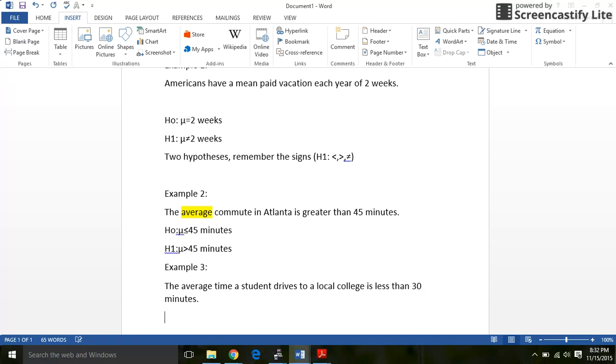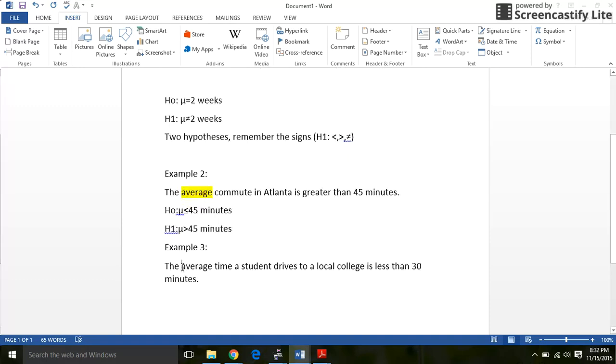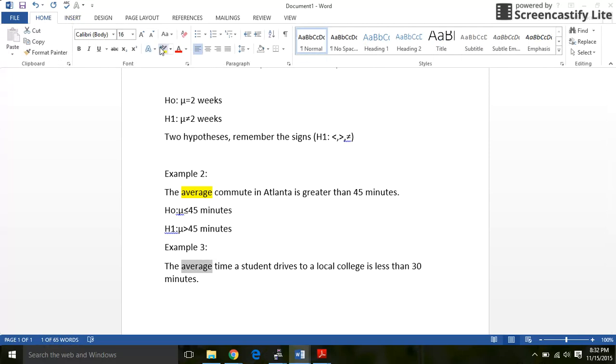Okay? All right. Again, I'm seeing that average in there, and that tells me that that is a mean. Be careful when you look at these for lesson 19 because you might see some other stuff. If I have a percentage, that goes with a P, not with a mean. So watch out for those, okay?